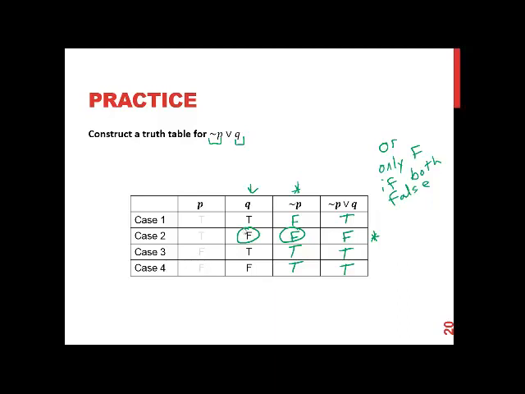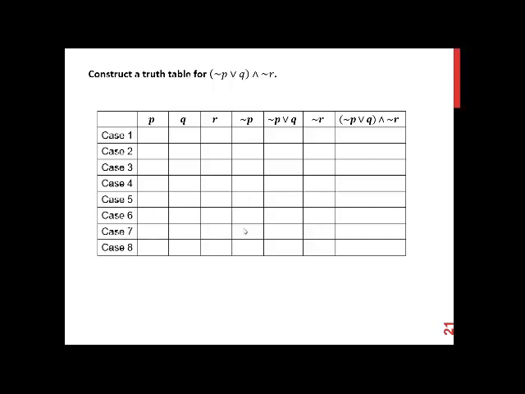Alright, let's look at something a little more complicated. Construct a truth table for not P or Q, and not R. So we've got a lot of comparisons to do. First, let's look at our cases.